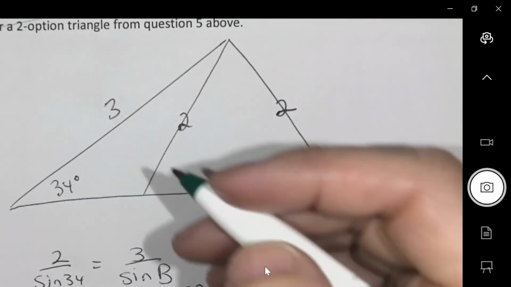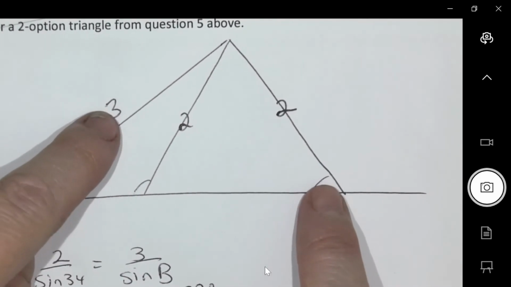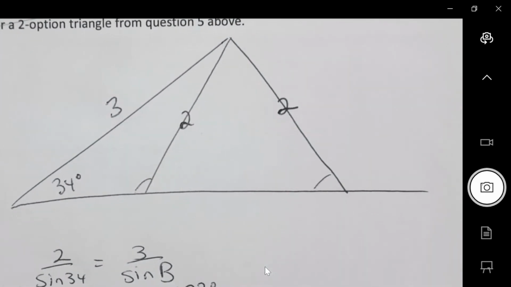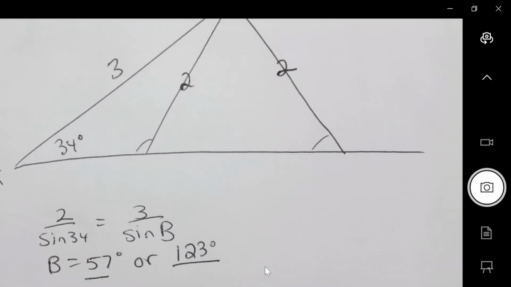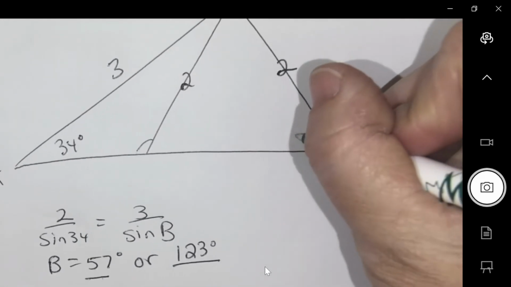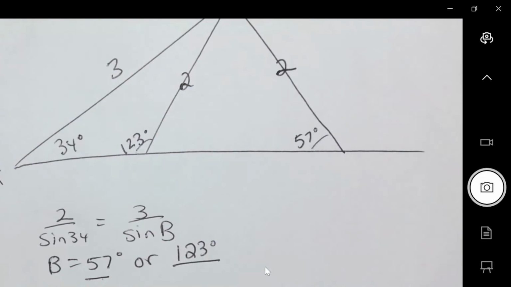Can you visually see across from the 3? You either have this one or this one. Can you figure out which one of them should be the smaller one? Which one should be the bigger one? Do you see it visually? Smaller. This one is bigger.